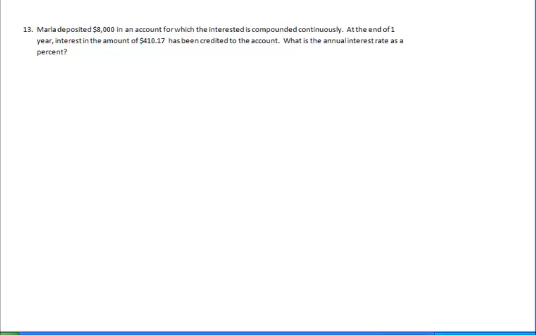So we're going to use the A equals P e to the rt formula here. Anytime you have continuously compounded interest, this is the formula that you're going to use. A is the amount that you have earned, or gained, or would take out of the bank.